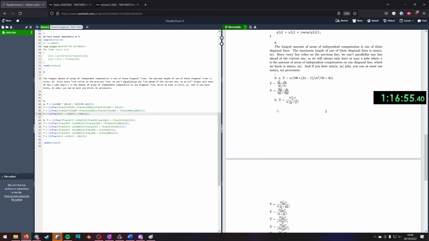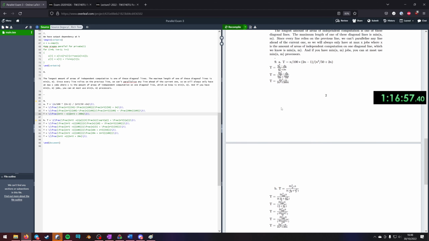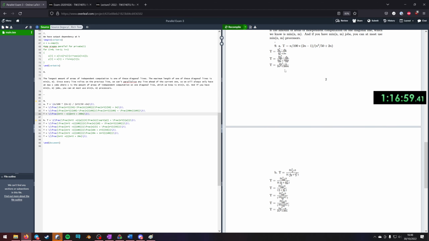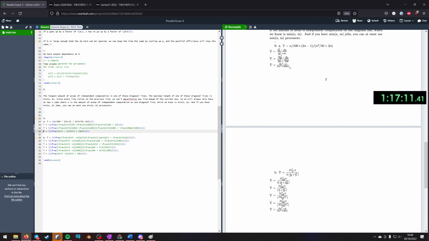Right, okay, so for striped, we get 2n squared minus n. Okay, so if we look here, we see that this is always better, 100% of the time.